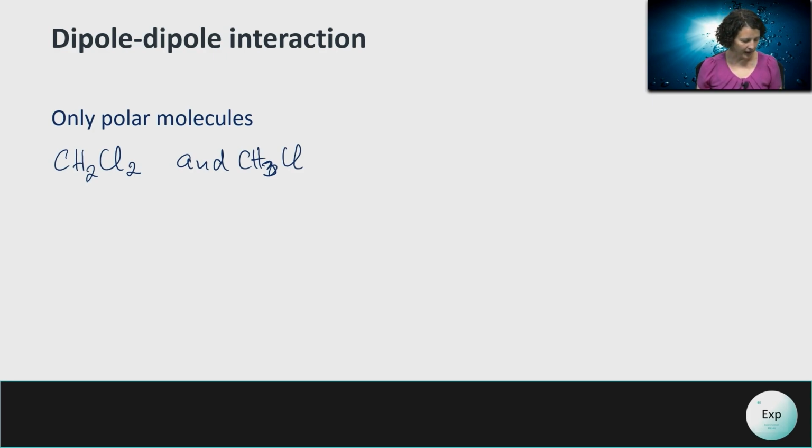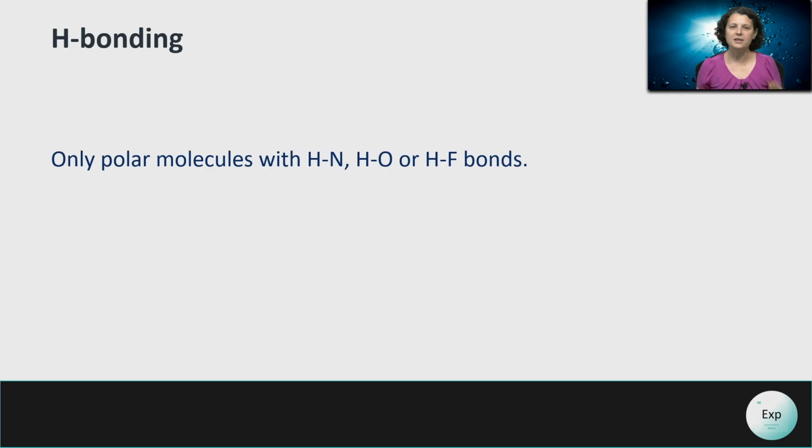We can also look at a large sample of formaldehyde. This is a polar molecule, and if we have a large collection of these, then the interactions between them will include the dipole-dipole interaction. Hydrogen bonding is another strong intermolecular force.